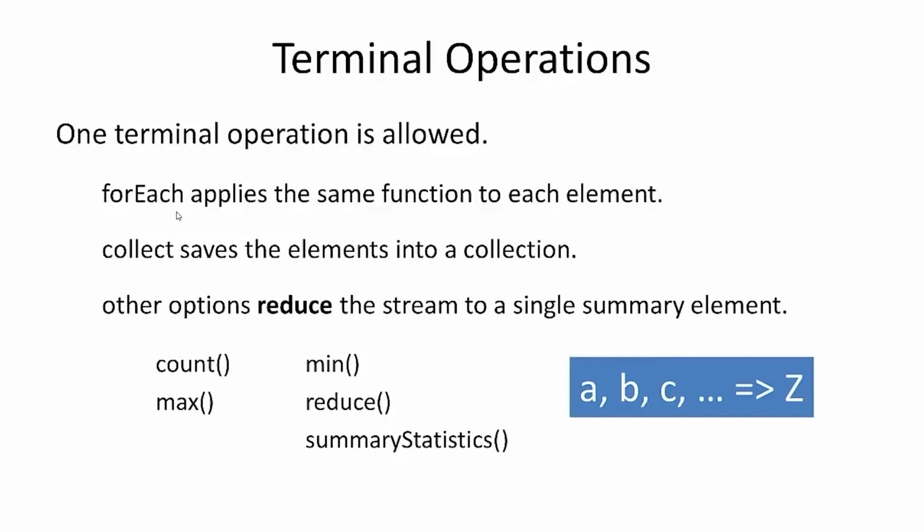For example, print. Let's say you want to print each element. Collect will save all of the elements into a collection or a list or an array or something. All other options reduce the stream to a single summary element. So count, max, min, reduce, these are all specialized reduce functions. There's also a summaryStatistics that only applies for integers.